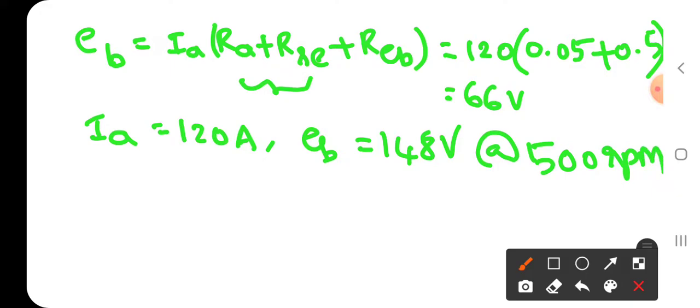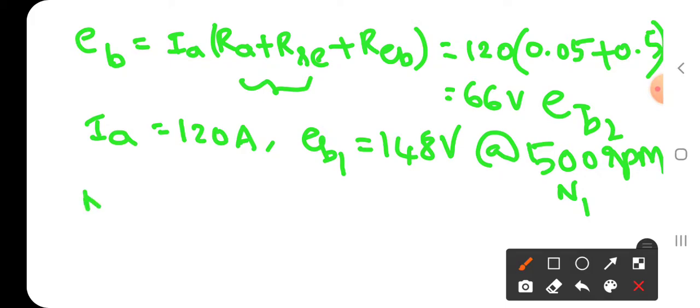This is at 500 RPM. So let me take this as EB1 and this is N1, and this will be EB2, and you need to find the value of N2.